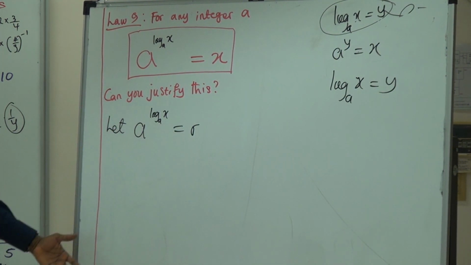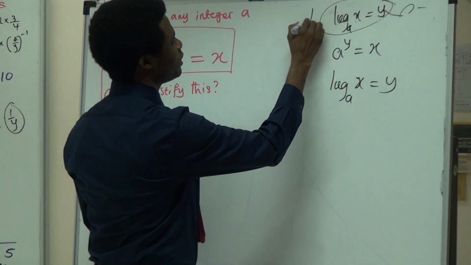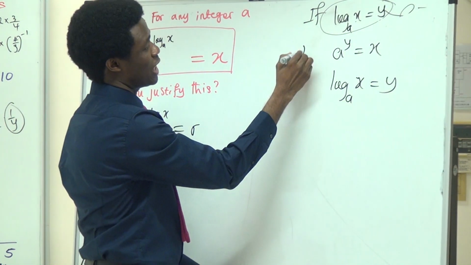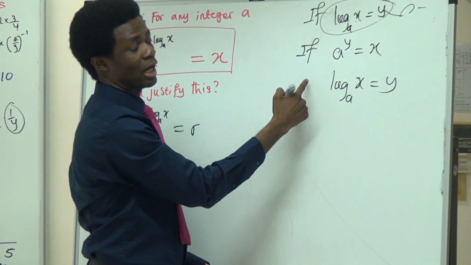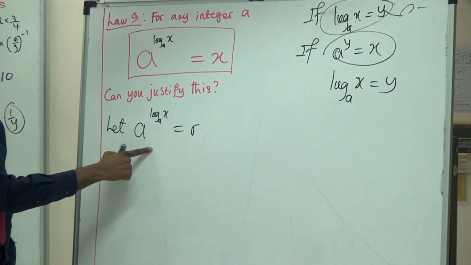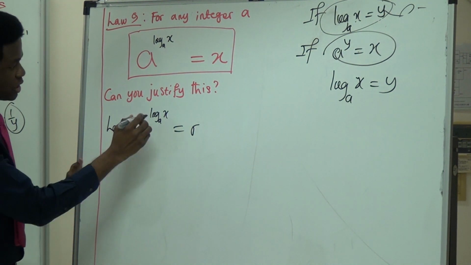If r becomes x eventually, then we have justified the result. So from here we can go back to our law 6, which says if you have this, then you can have this. Then that means if we have this, then we can have this too. So this is exactly what we have here, where this is our y.